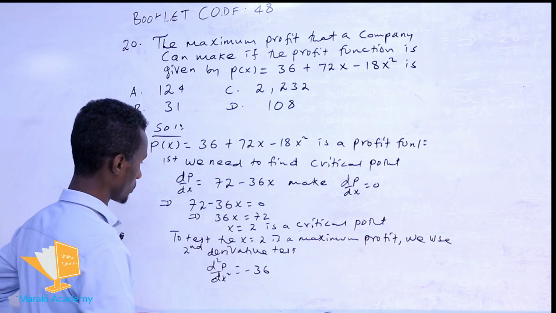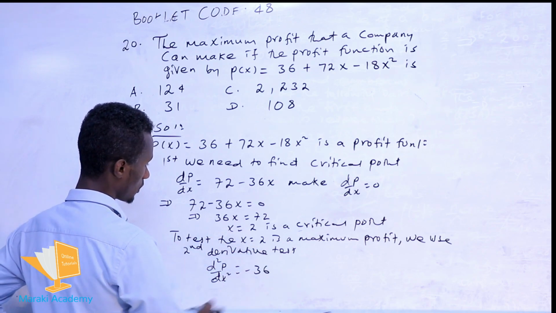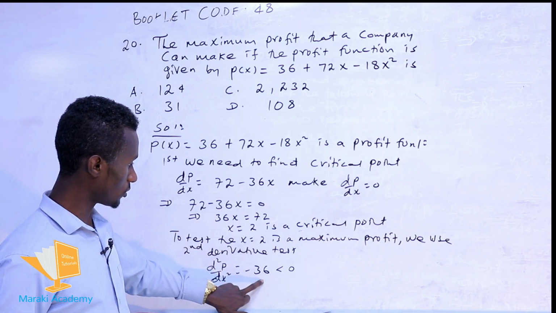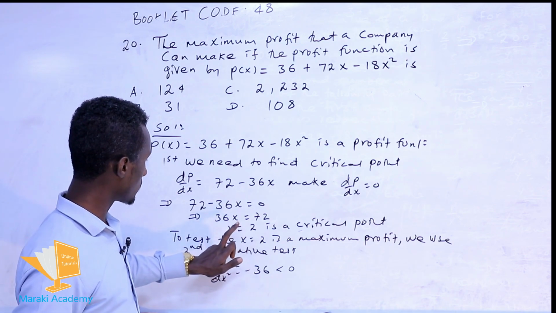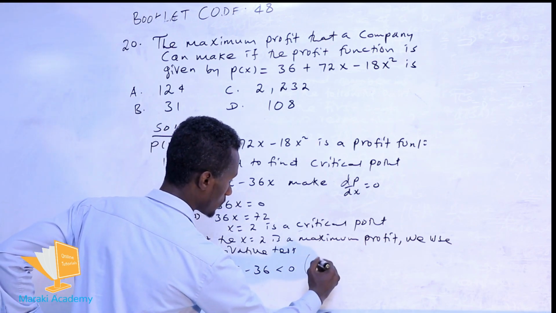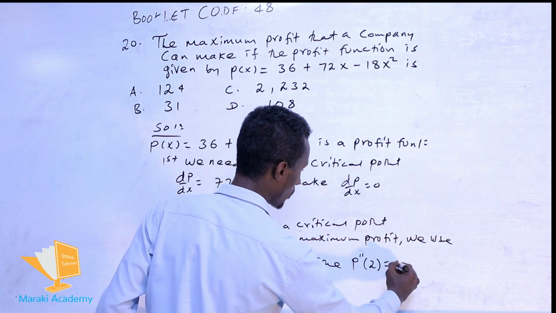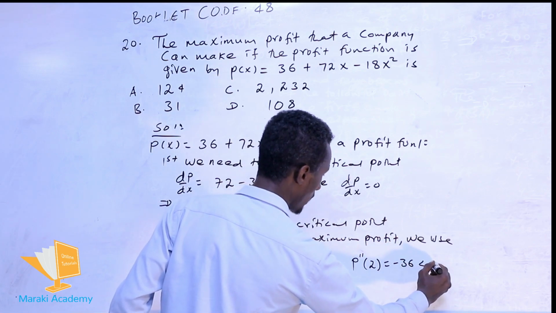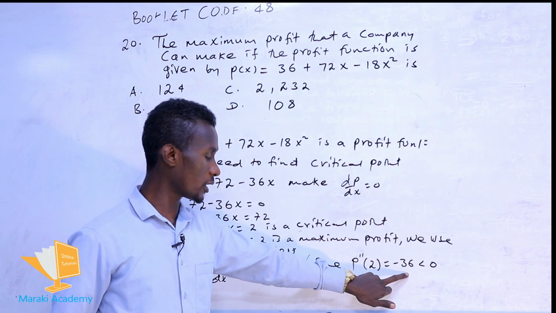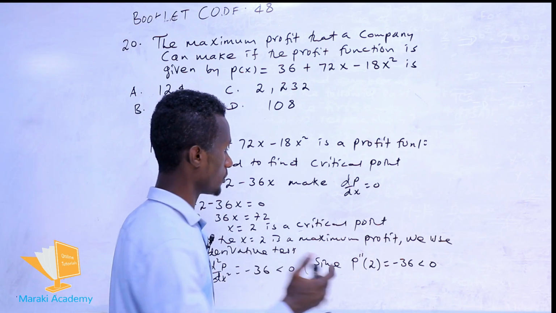So what is the value at this point? We consider whether the result is less than 0. Minus 36 is always less than 0. Since the second derivative at point 2 is equal to minus 36, which is less than 0, the critical point makes the profit function maximum.